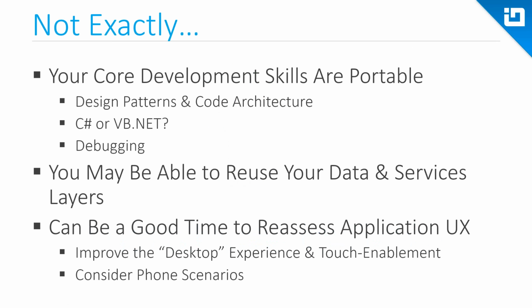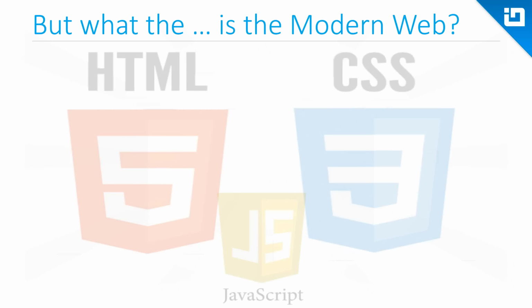So it's a good chance to rethink that, maybe get some user research going, and specifically think about what it means to be touch enabled. And then there's the phone scenarios as well that you're going to have to think about in relation to all this. Rethinking your application UX, which ones make sense, which ones don't. You don't have to move everything, and I'm pretty sure that Kevin covered a lot of that in his prior webinar. So, but what is the modern web?